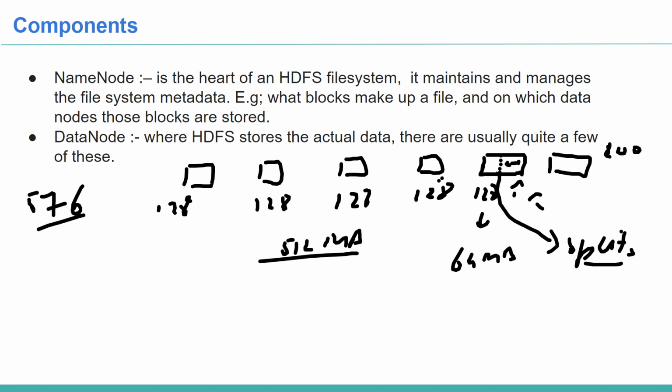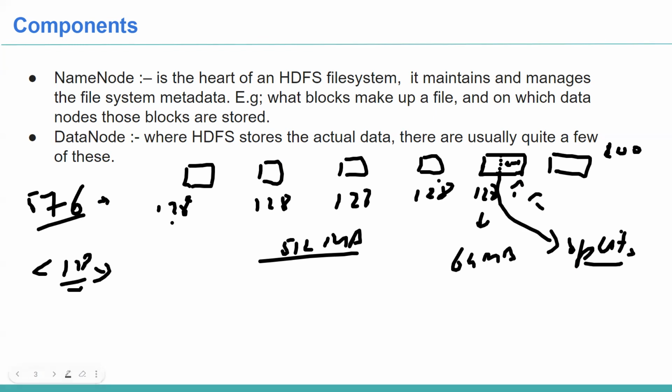Now someone can ask, what is the size of data? Since we are saying that we should not have one file of 500 MB, and we should have the file of 128 MB, what happens if we have a file of less than 128 MB? Ideally, it is not recommended.